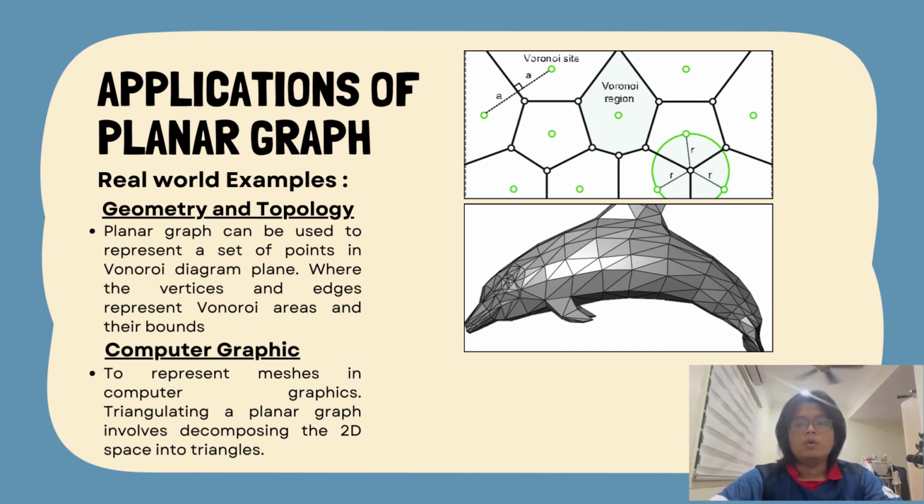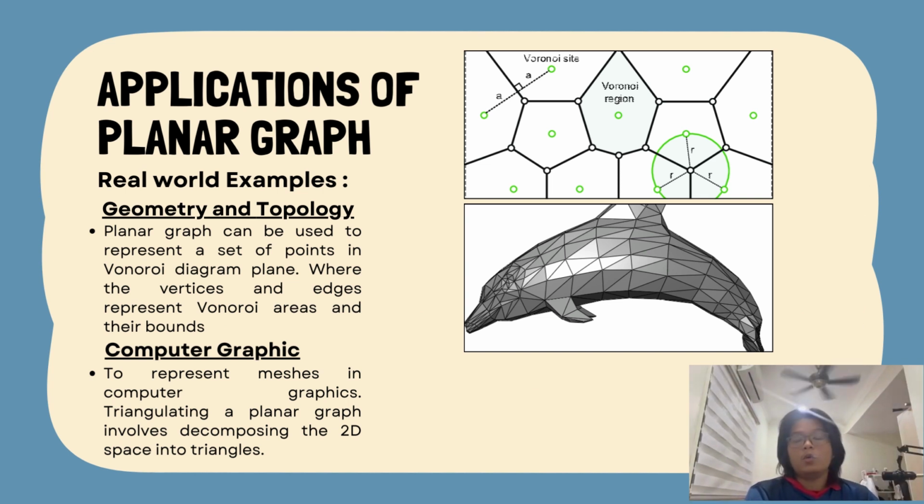Okay, so as for topology, planar graphs are used in topological analysis, where they are valuable for topological analysis of meshes. It is to understand the connectivity structure that can aid in tasks like identifying boundaries, detecting holes, or analyzing the overall shape of a 3D object.